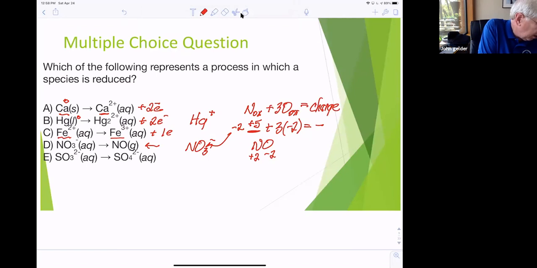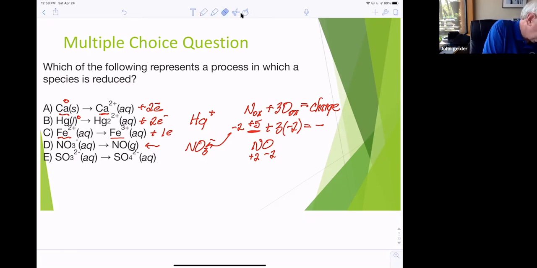And then in the last case, we see that sulfur is going to be a +6 in sulfite ion. And it's going over to, I'm sorry, this is a +4. Yeah, +4.